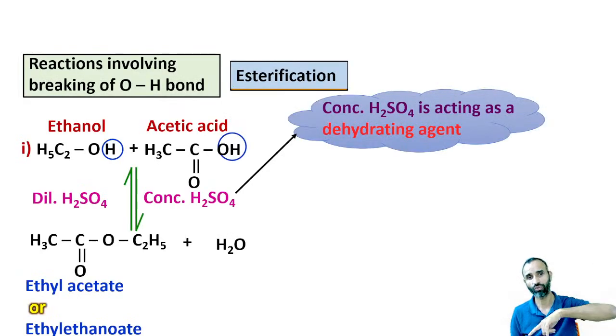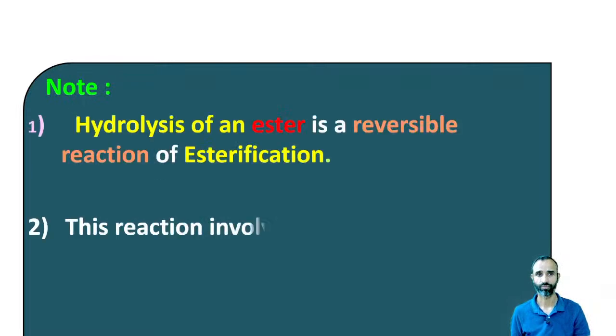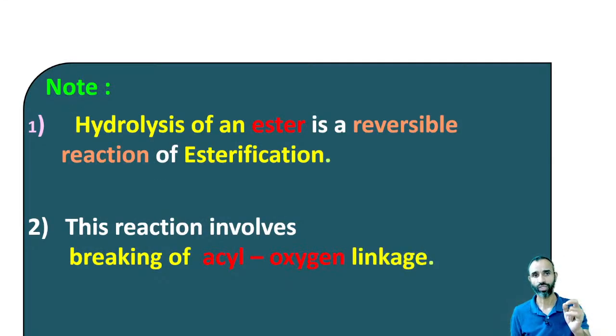As water is formed and the concentration of H2SO4 is decreasing, ultimately there is an equilibrium between ethanol, acetic acid and ethyl acetate. Hydrolysis of ester is a reversible reaction, so you should keep in mind it is a reversible reaction.